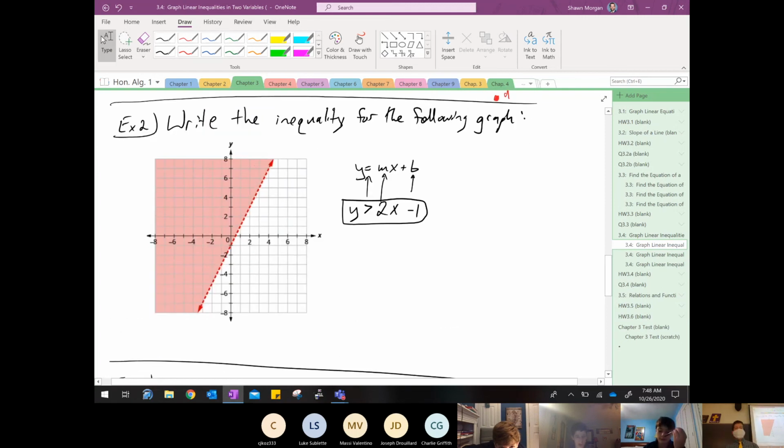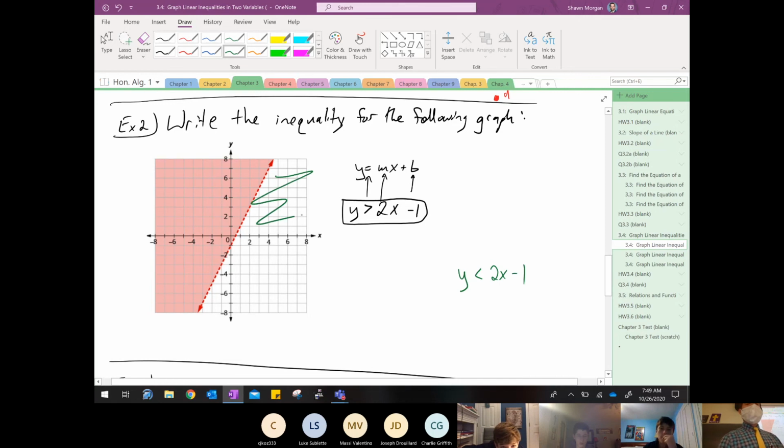Okay. One of the nice things about a graphing calculator is that it can help you with problems like this. I think last week we might have talked about Desmos. If you were to go to Desmos and check your answer, all you'd have to do is graph out y is greater than 2x minus 1 and see if it looked like this graph. And let's say I made a bonehead mistake. Let's say on Desmos, I did y is less than 2x minus 1.